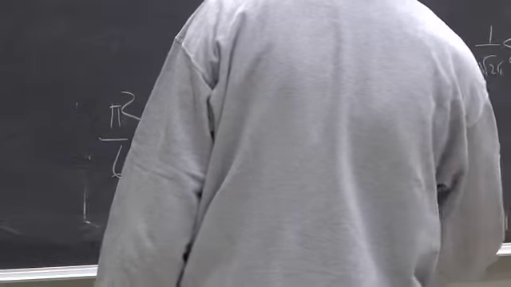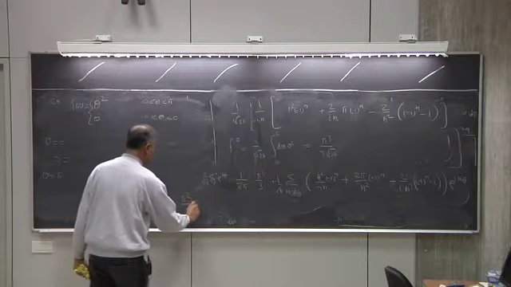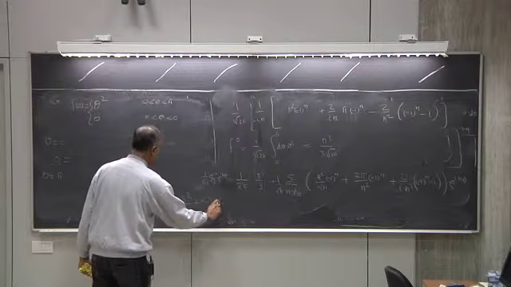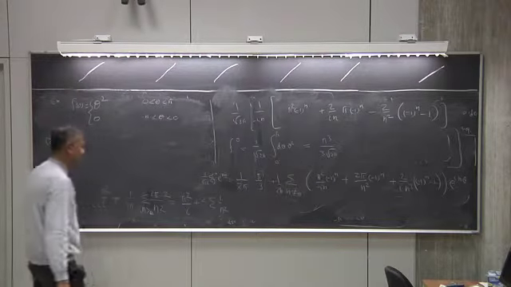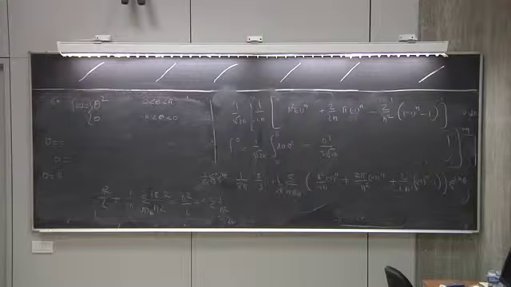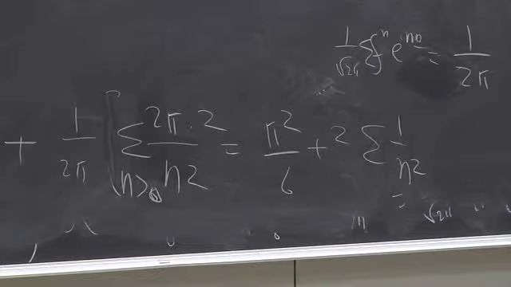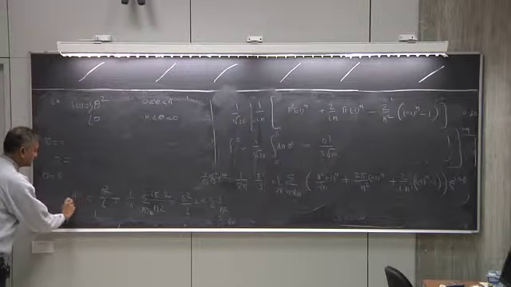Which is equal to pi square by 6. Okay, 2 pi cancel, so this is simply plus 2 sum over 1 over n square. Now this is supposed to be equal to what? Pi square by 2, right? This is equal to pi square by 2.